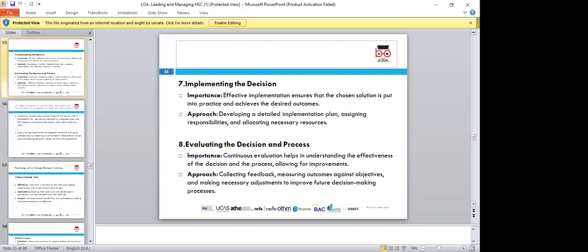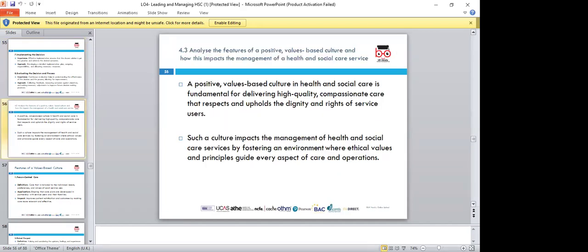There should be continuous evaluation of the decision that we have put into practice. And we do that by collecting feedback. Of course, once you've implemented a decision in the care home, there should be feedback from workers, from management, from other staff. Then those feedbacks, you write them down, you put them down for future decision making.